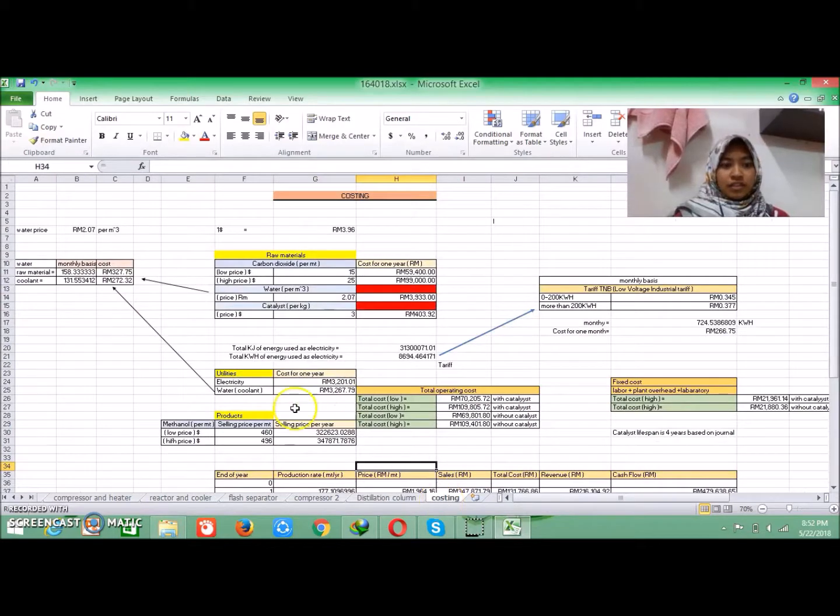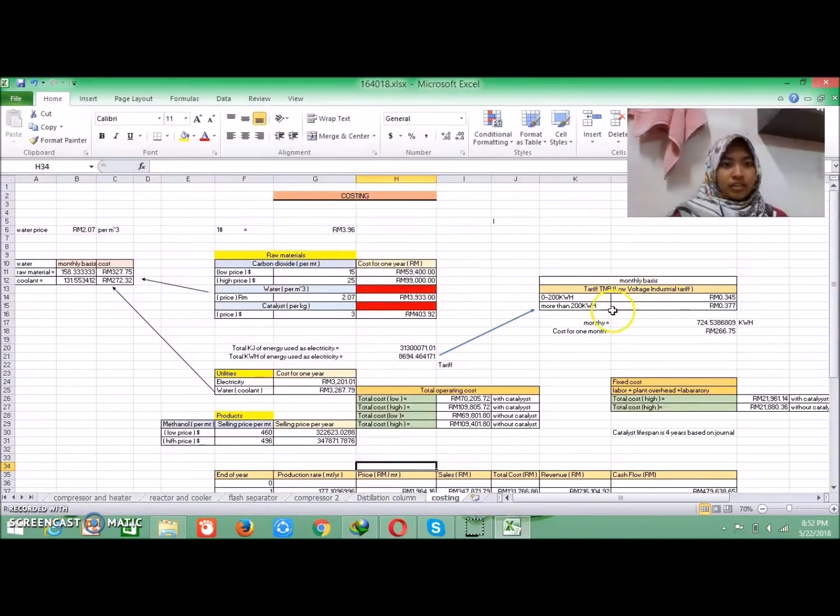Okay, for the costing, this is the water price. It's RM 2 per cubic meter, and then on a monthly basis we have raw material and coolant, and this is the total we get from our calculation. For the raw material we have carbon dioxide, water and catalyst, and this is the cost for 1 year.